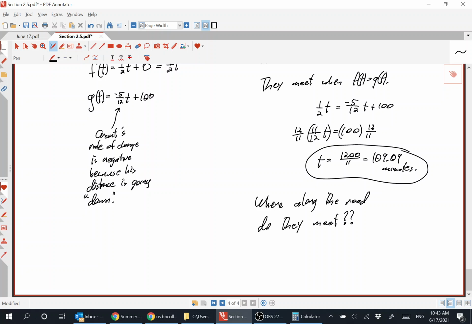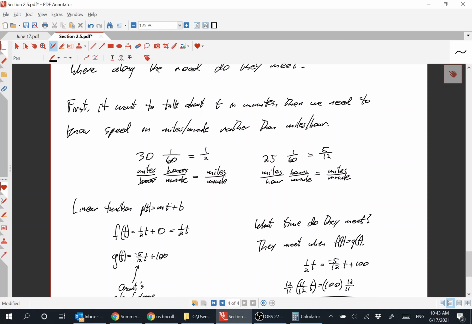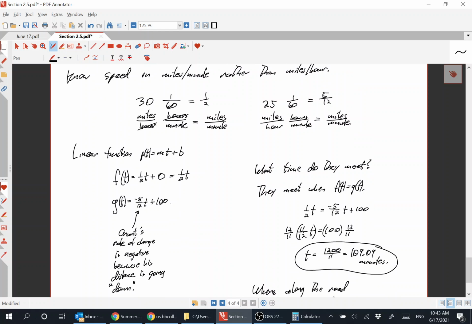Where along the road do they meet? So now we're asking about distance. Well, we know when they meet, and we know about distance from these two functions here. So how do I find the where, given the when?